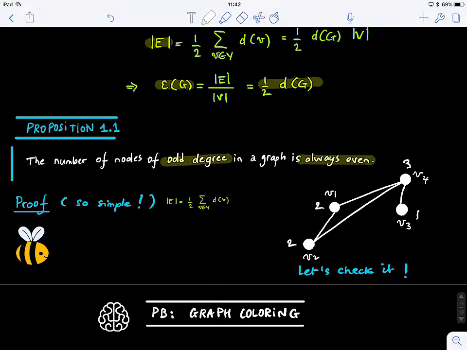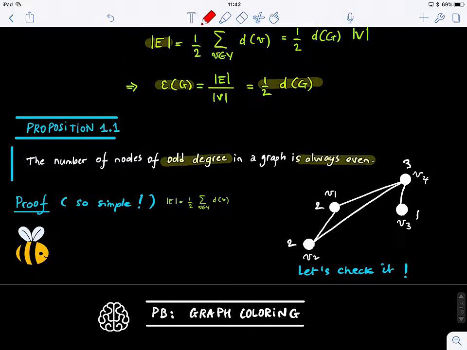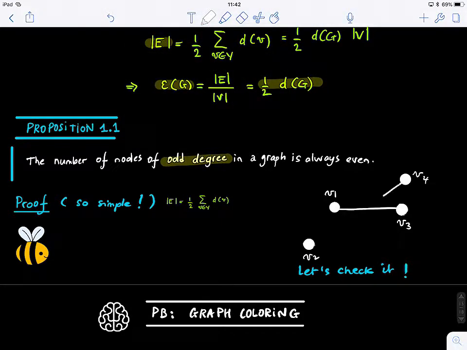So the number of nodes of odd degree is 2, right? These 2 guys. Now, if I do it even differently, you guys can try it and play with it many, many times. So you can do something like this. We have 1, 1, 2, and 2, right? The hint is in this.